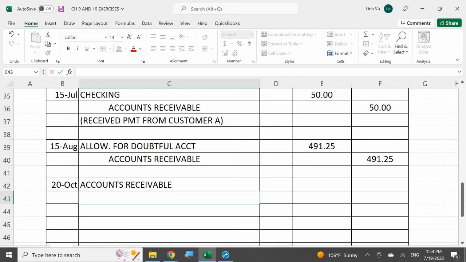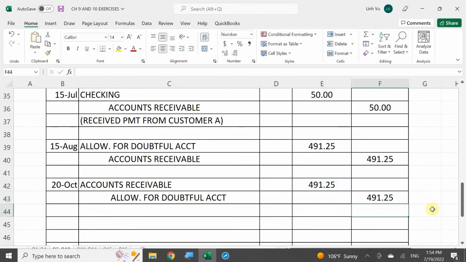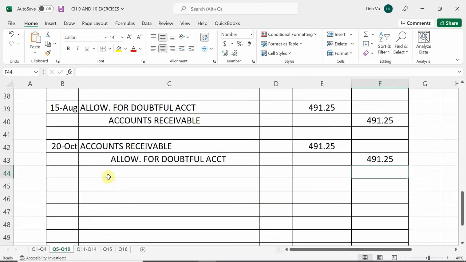Good. That's exactly what we're doing, right? We need to reverse it because in this case, we have hope that she's going to continue paying for what she owes, right? And then the next entry is checking is debited for the $15 and accounts receivable is credited for it. And you make a note of her payment.